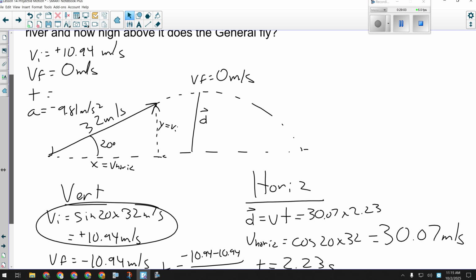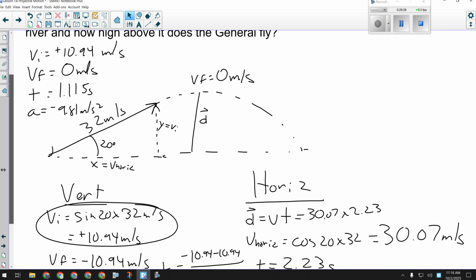Okay, so half of 2.23 would be 1.115 seconds. Do I have enough information there to calculate d?